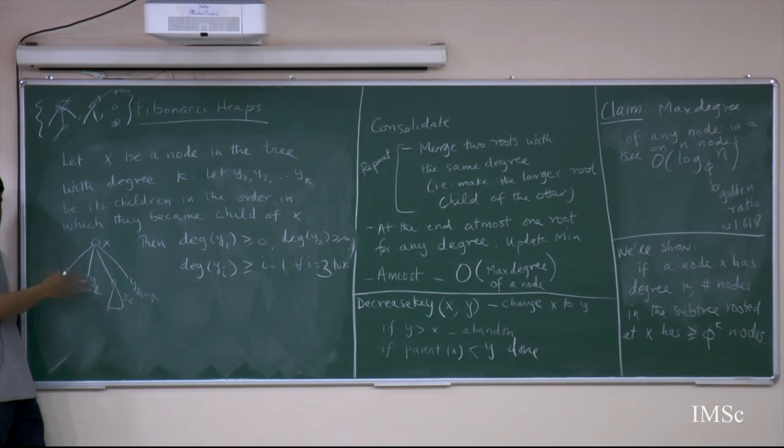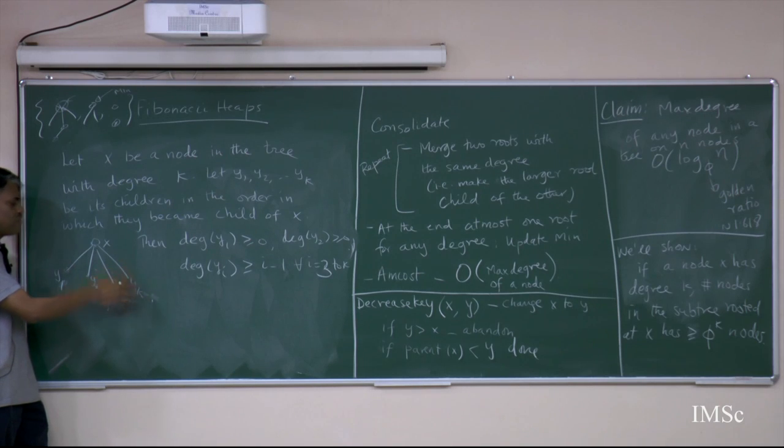Maybe there were more things also which got lost now. So its degree must have been at least 2, and now it might have lost one child because of the decrease key operation. And we don't allow it to lose more than one child, because if it had lost more than one child, this guy would not even be here. It would be somewhere else. So its degree now would be at least i minus 1, and this is true for every node.